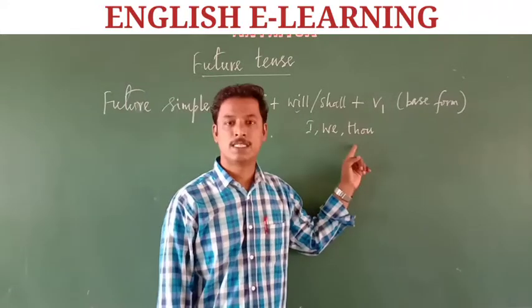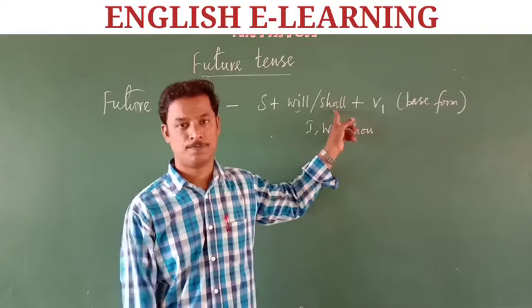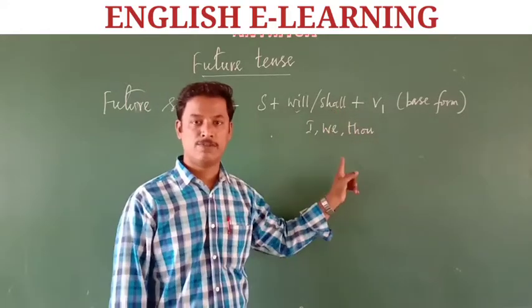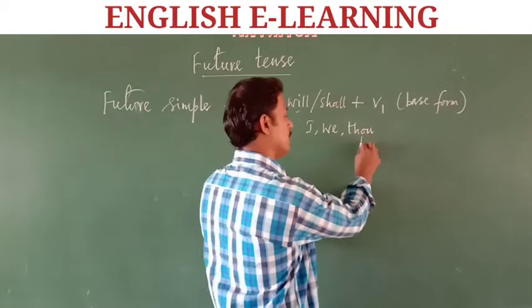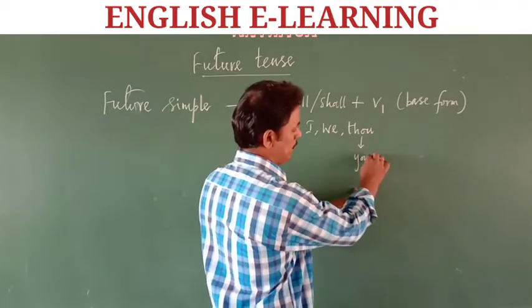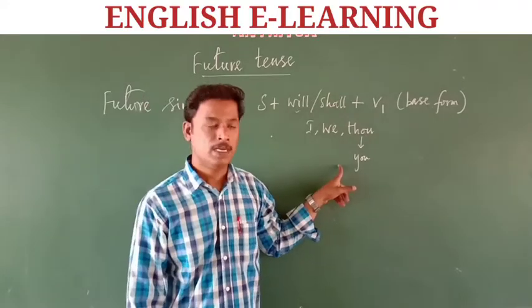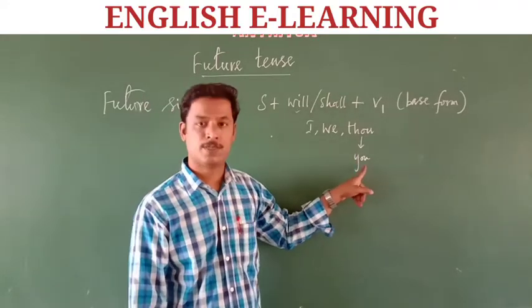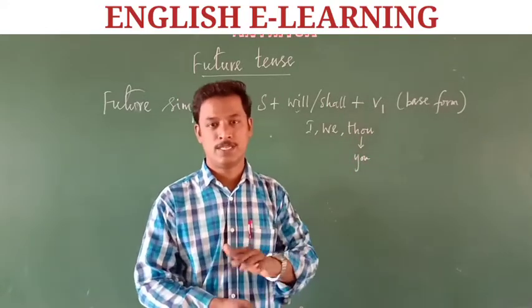Only these three subjects should take the modal shall. I shall, we shall, thou shall. Thou means you. You is the modern term and the archaic term for this you is thou. Did you understand? Right.